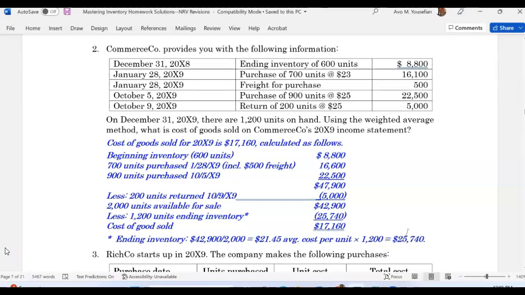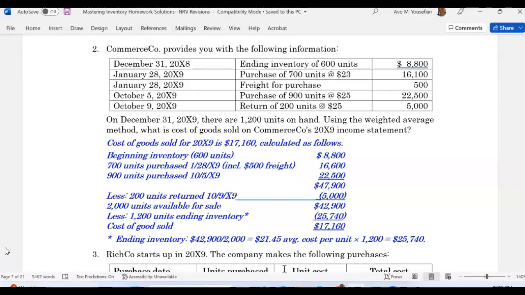That means our ending inventory is 25,740. So if the ending inventory is 25,740, then our cost of goods sold is 17,160. Available less ending inventory equals cost of goods sold, 17,160.